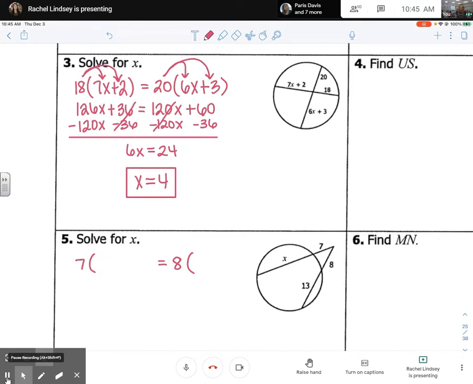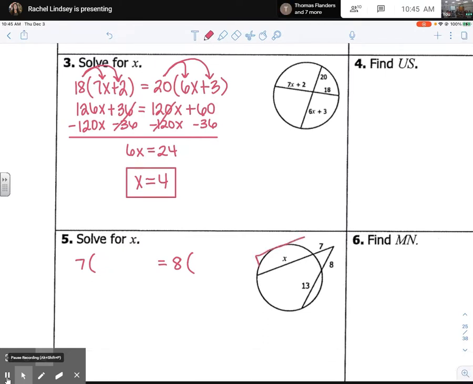So outside 7 and 8, what would be the whole for the segment with 7? X plus 7. And what's the whole for the segment with 8 outside? 21 would be the whole. So 8 times 21.